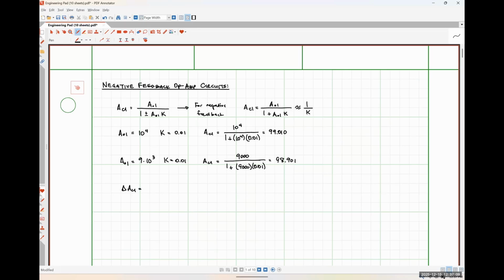Okay. So the change in our closed loop gain in this case, delta ACL. So let's call this ACL1 and ACL2 so I can differentiate between these two things really easily, would be ACL2 minus ACL1 over ACL1 times 100% comes out to be minus 0.11%.